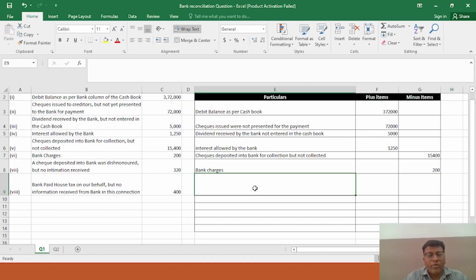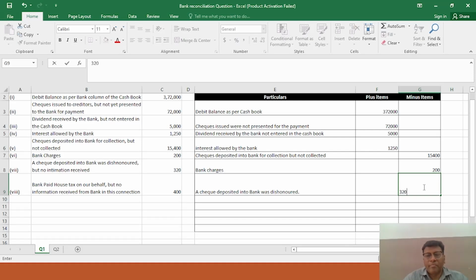Okay, so you have to mention this particular transaction here, that is a check deposited into bank was dishonored. Sufficient, and you have to write this particular amount here because check is dishonored. So this is 320.